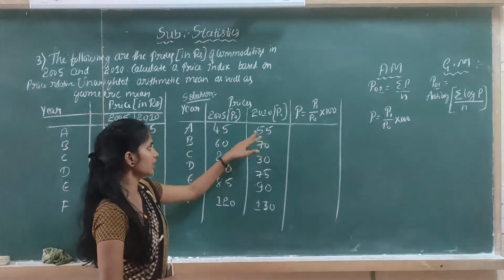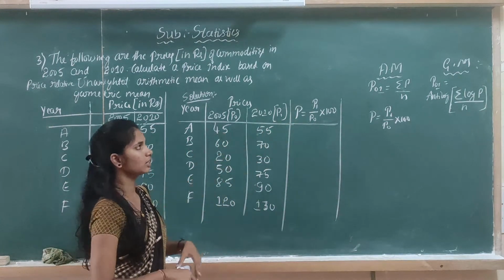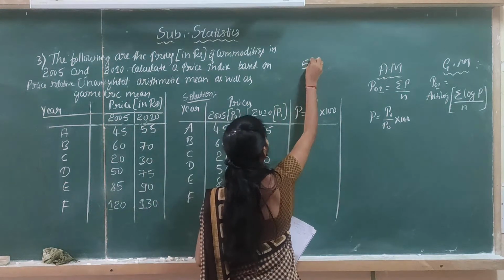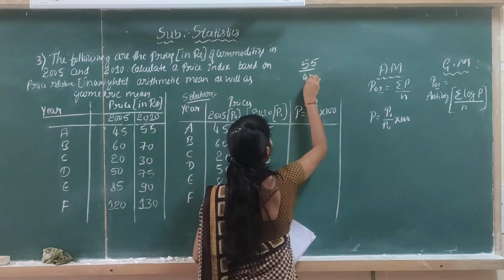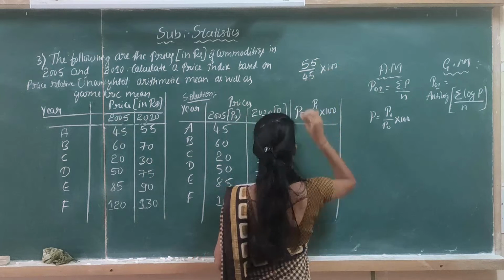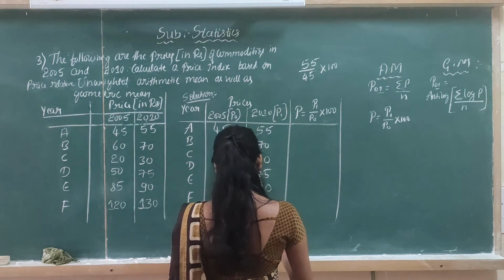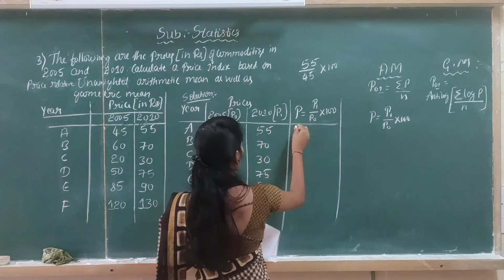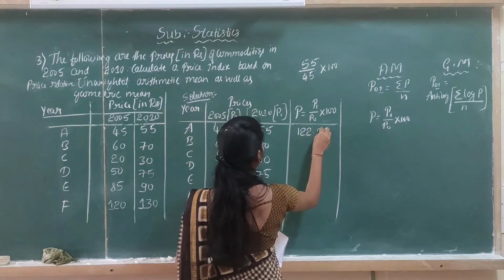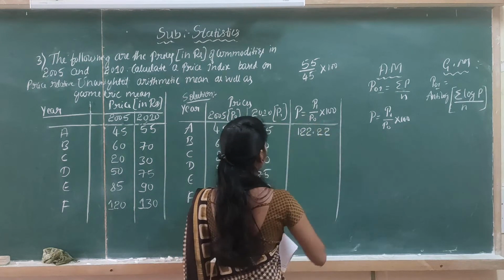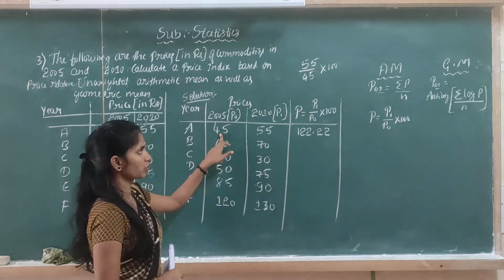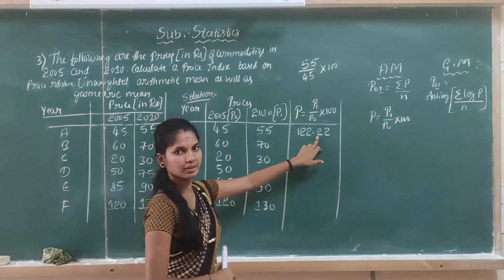So 55 divided by 45 into 100, and the value is 122.22.